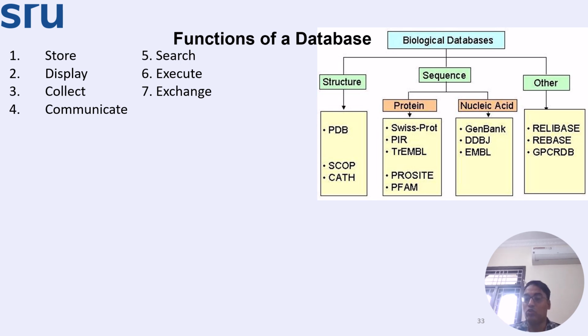Protein Information Resource: here, what is the class, what is the family, what is the function, what are the different ligands which are interacting, all the different species, functional information along with their cross references to other websites are also present in this server. Then TrEMBL.